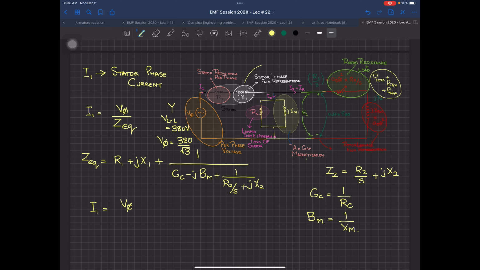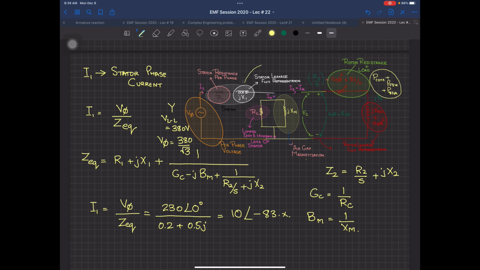So what will happen when I divide V phase by Z equivalent? I will write this as 230 angle 0, because my voltage is the reference phasor. For every phasor diagram you have to draw the reference phasor. And Z equivalent will be some value, supposedly 0.2 plus 0.5 J. When you divide, you will get some value, for example 10 angle minus 83 point something.